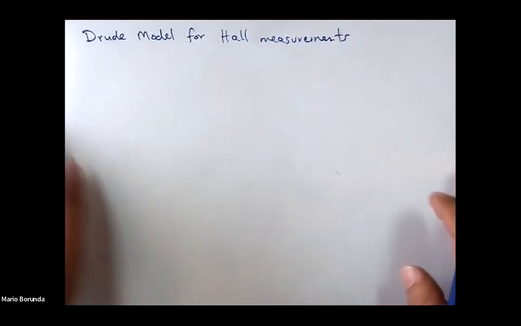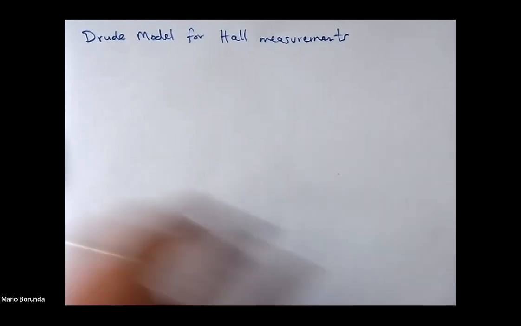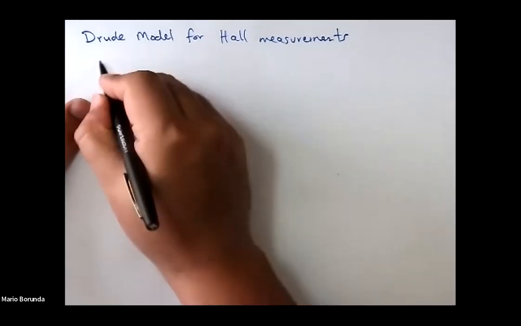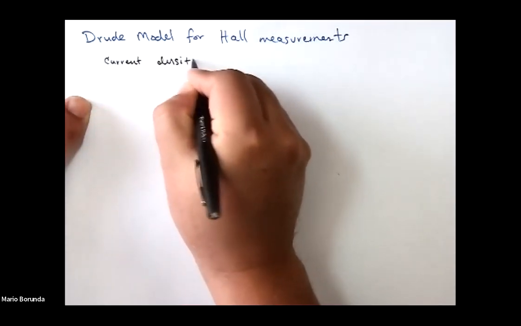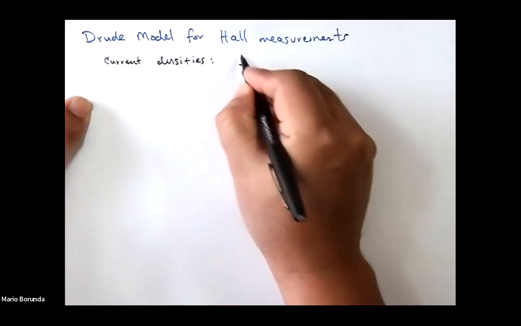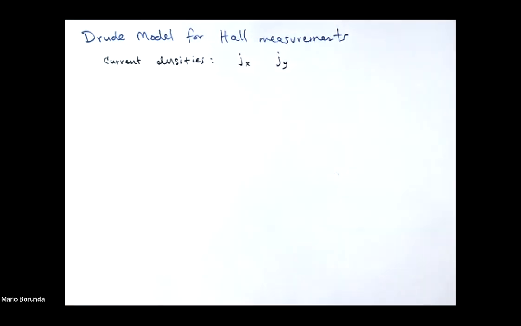This is, again, the Drude model that we used before. We're going to have a current density. We have two currents, one going in the X direction and one going in the Y direction.